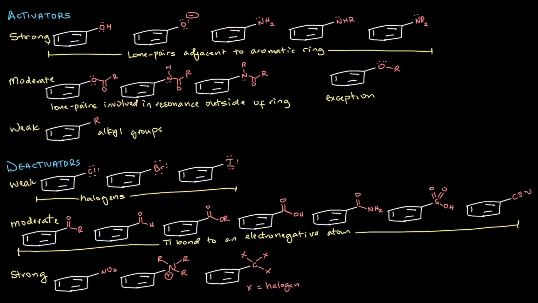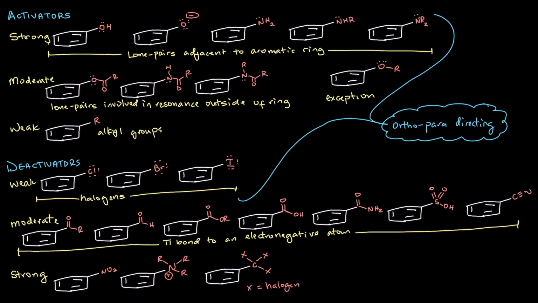So when you have your NR3 plus, that's going to be very, very deactivating on your ring. And lastly, if you have your CX3 group like CCl3, CBr3, and CF3 groups connected to your benzene ring, that's actually going to be very deactivating as well. So for these three, you need to be able to commit them to memory. The other ones you can kind of reason out by looking at the patterns in your activating and deactivating capacity.